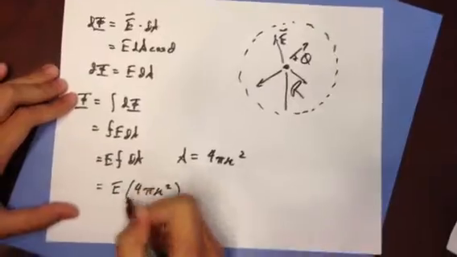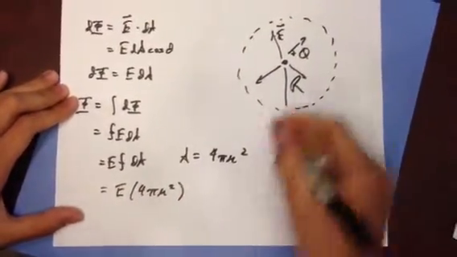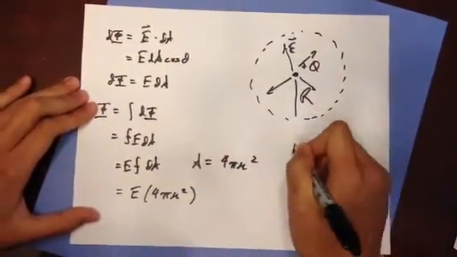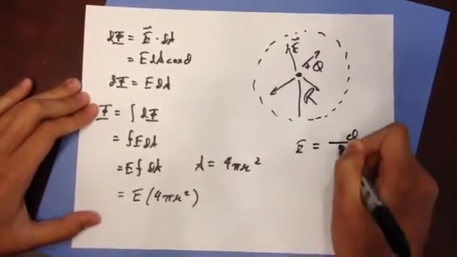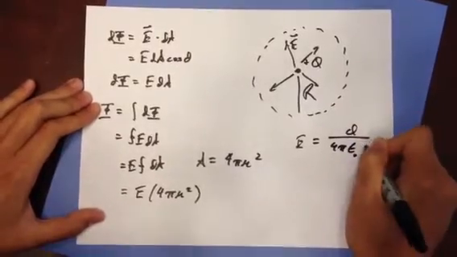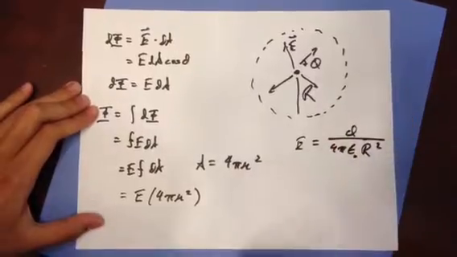Now we need to find E. To find E, we use our formula for the electric field generated by a point charge. E is going to equal Q over 4 pi epsilon naught r squared. That's E on the Gaussian surface.